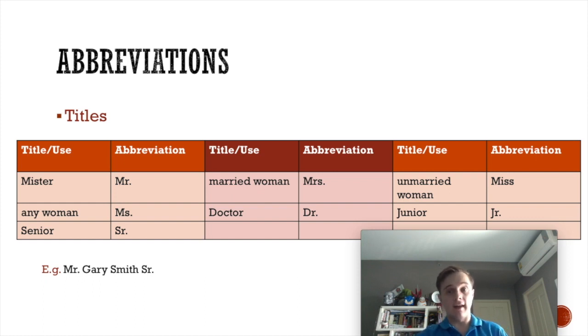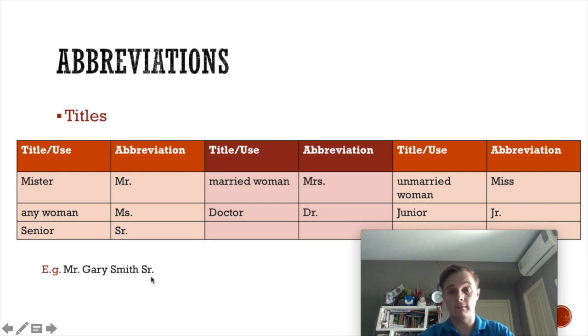If my dad's name was also Joseph Armstrong, I would be Joseph Armstrong Jr. and he would be Joseph Armstrong Sr. So the abbreviation of junior is J-R, period. The abbreviation of senior is S-R, period. So an example is Mr. Gary Smith Senior.